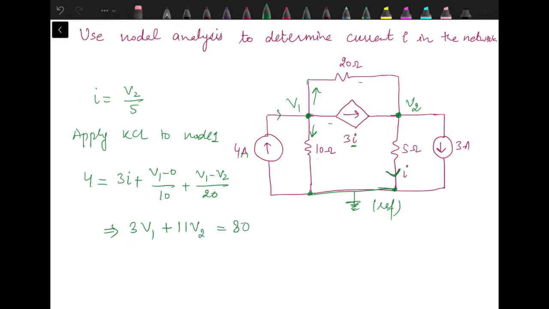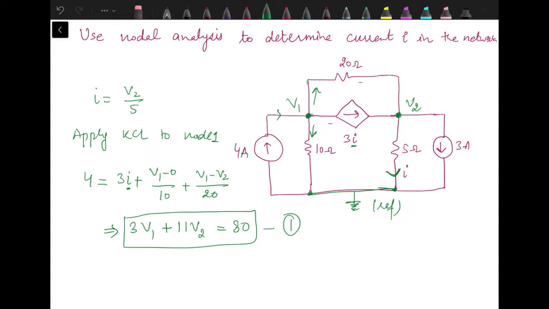This is the equation after substituting the value of I as V2 by 5. So this is our first equation. You can solve the equation on your own and then confirm whether you are getting the same equation or something different.